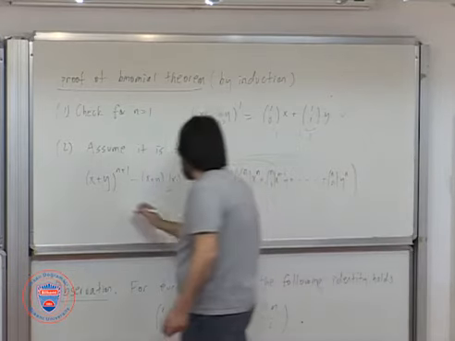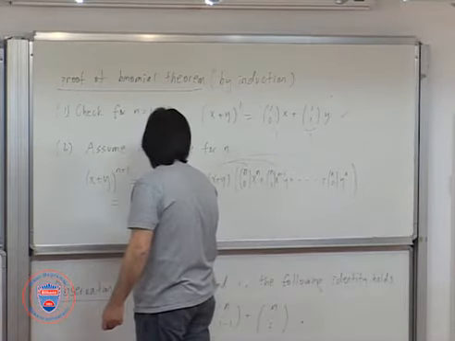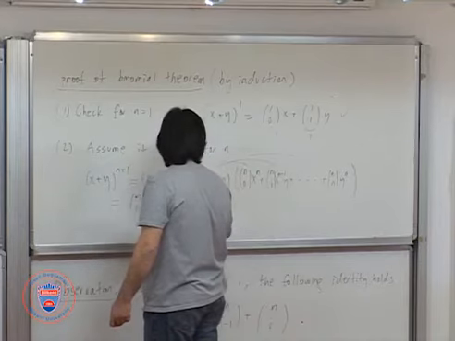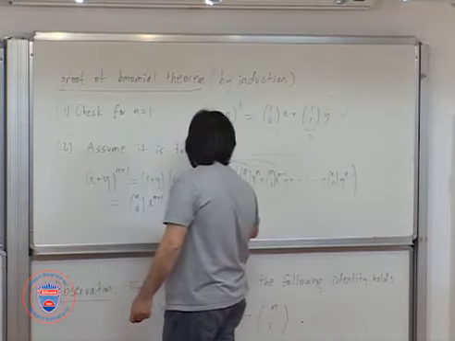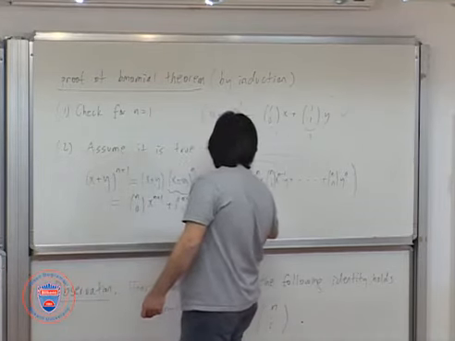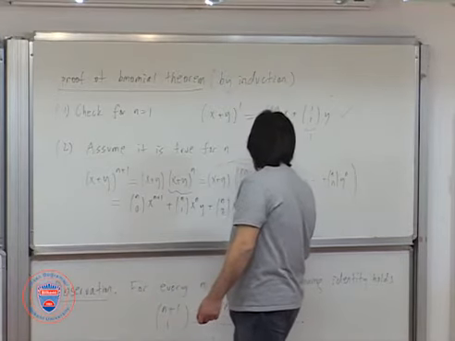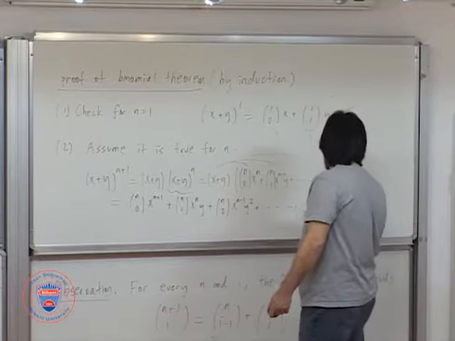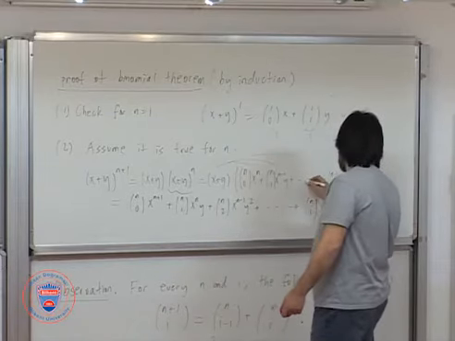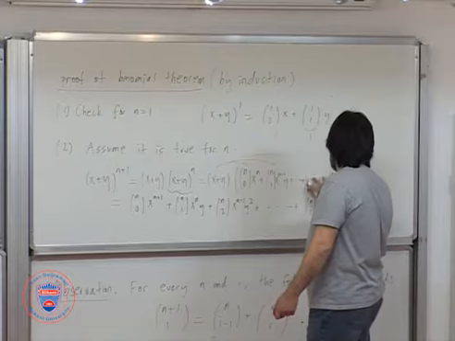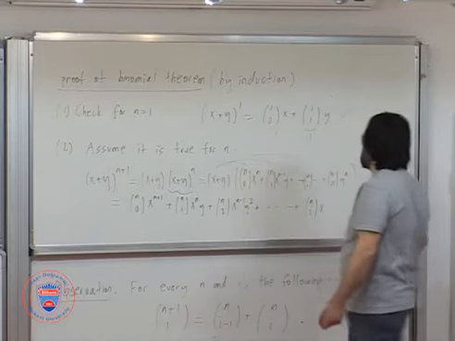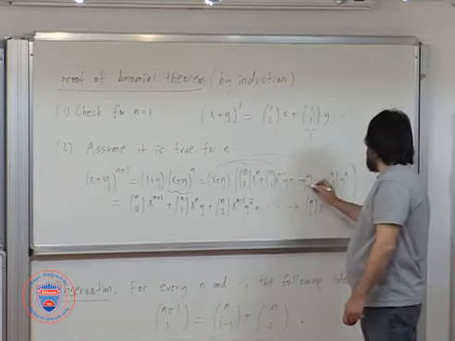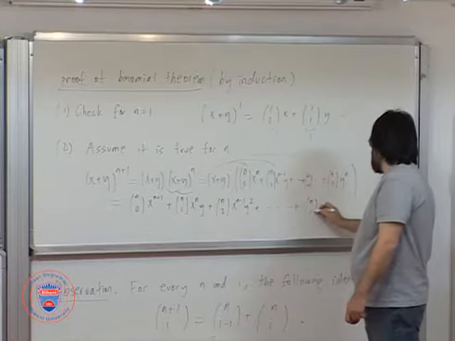So if you multiply with x, you get x to the n plus 1. And you get a typical element, which I will say is n choose i minus 1, let's use the i minus 1.